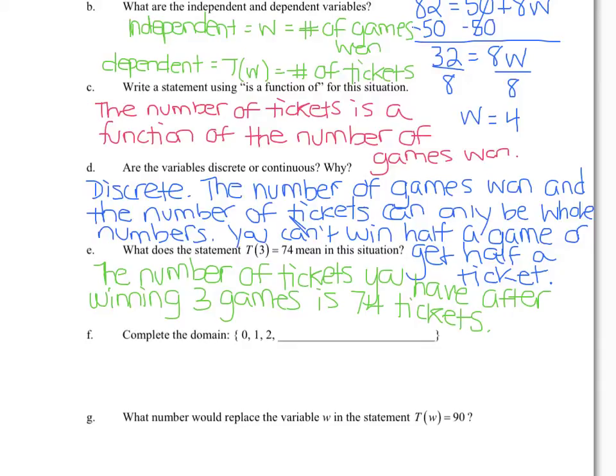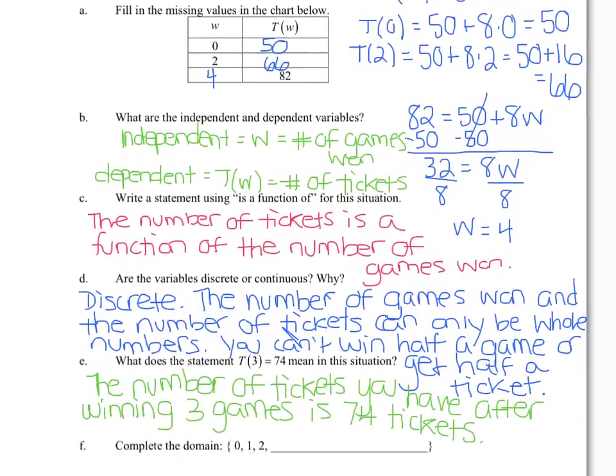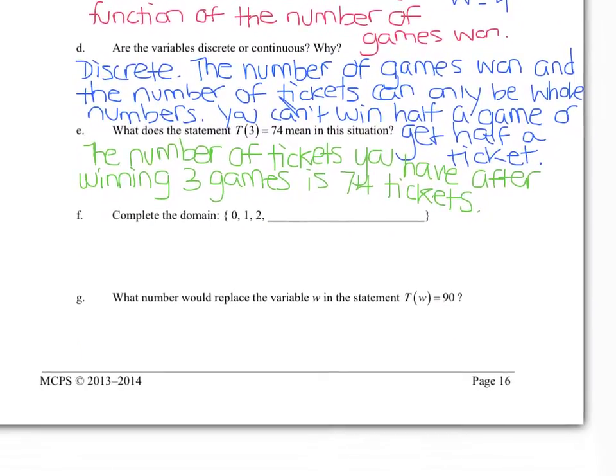The next question says complete the domain 0, 1, 2. Now, if we go back to the original question, it says when you get at least 100 tickets, you will stop playing. So I think it's important for us to figure out what W is when we have 100. So remember, our equation is originally T of W equals 50 plus 8W.